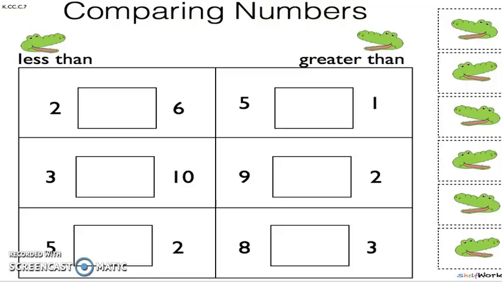So when y'all come in the morning, I want y'all to sit down, of course, put your name and the date right here, and then I want y'all to go through and look at the numbers, 2 and 6. Remember that the alligator mouth wants the bigger number, so we got to make sure he goes to the bigger number.